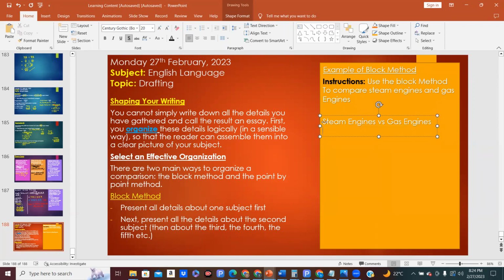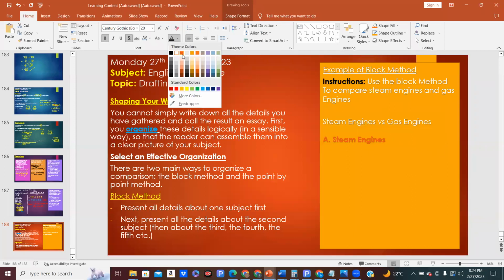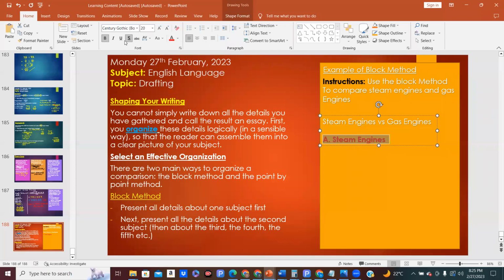You would first start off with talking about the steam engine. Because it's a block method, you're not going to be talking about the gas engines while you're talking about the steam engine. You're just going to be talking about the steam engines all at once, okay? So we're just talking about the steam engine for this one.